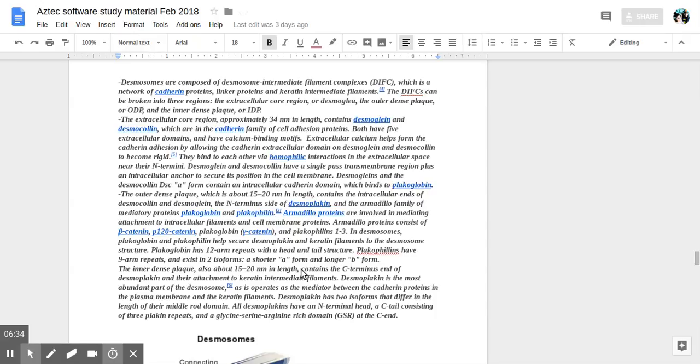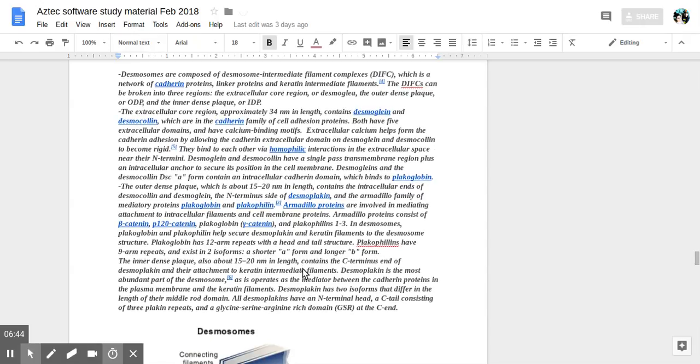The extracellular core region, approximately 34 nanometers in length, contains desmoglein and desmocollin, which are the cadherin family of cell adhesion proteins. Both have 5 extracellular domains and calcium binding motifs.